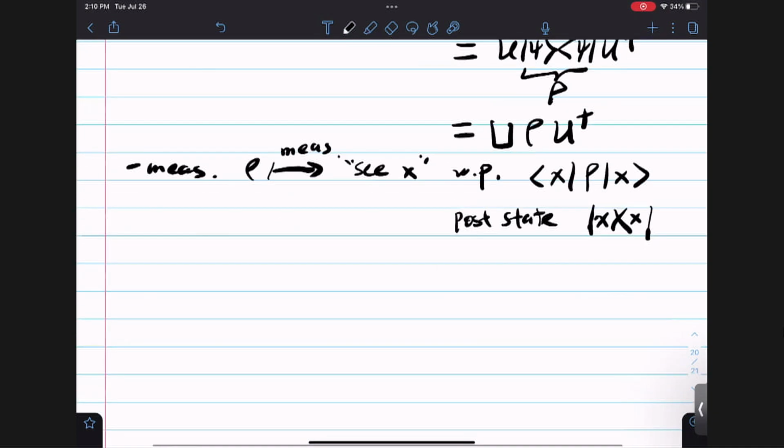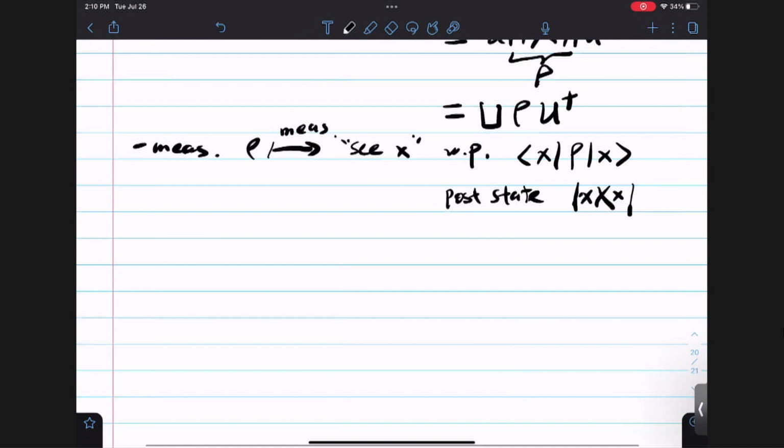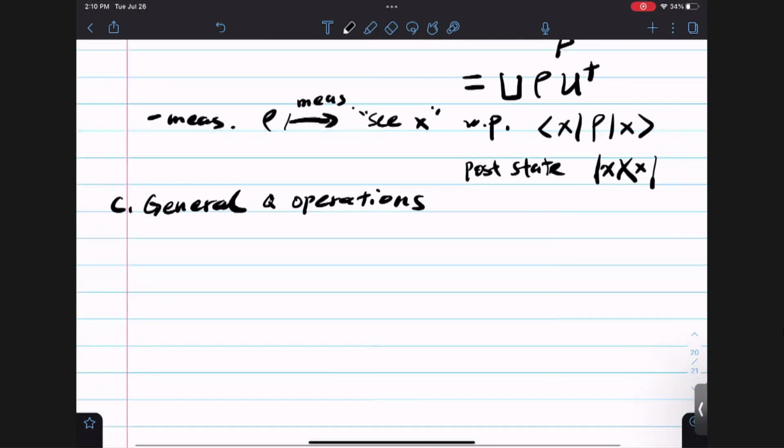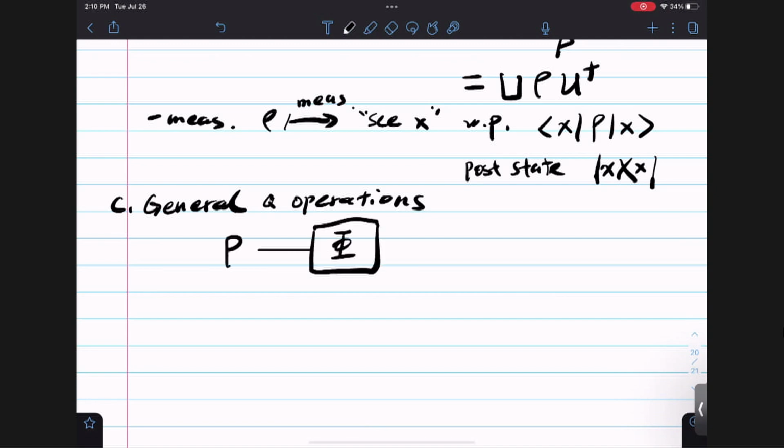The real power is that we can now talk about general quantum operations. Anything you can think of that you want to do in your physics lab, we can describe. We're going to use this symbol: there's an input density rho, then some operation, which I call capital phi, and then an output density rho primed.